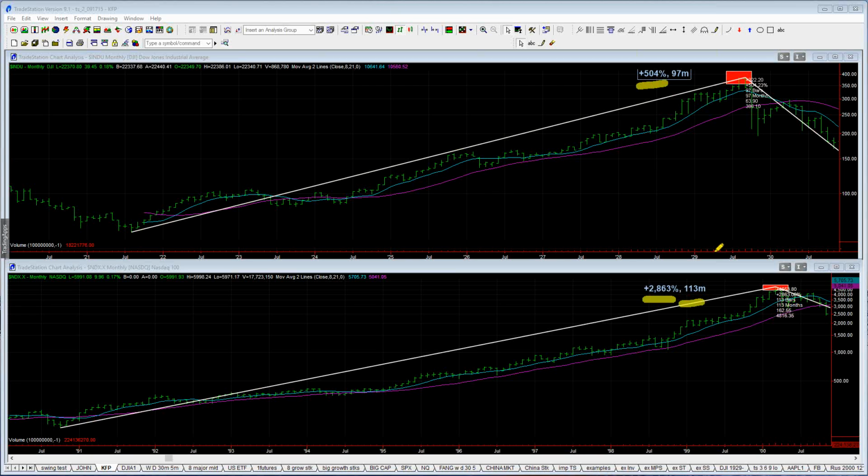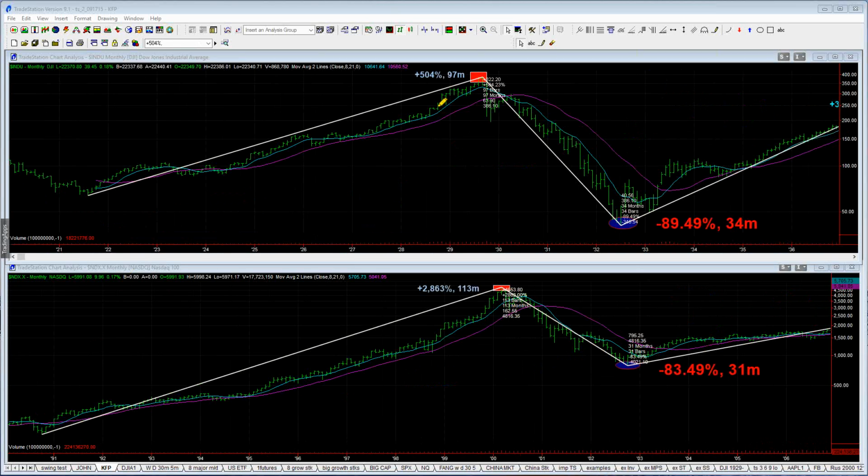But it was about the same time frame, give or take 10 or 15 months, and a very similar looking pattern. And so these are both described as bubble markets because of the extent of the run. And now we'll look at the aftermath.